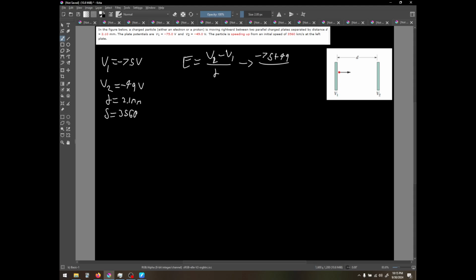2.1 millimeter. I bet you it wants it. Does it want this in meters? Yeah. So this is going to be 2.1 times 10 to the negative third.